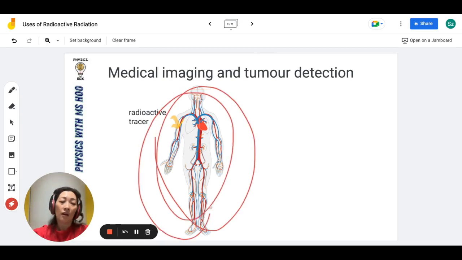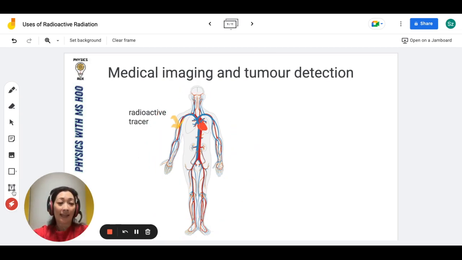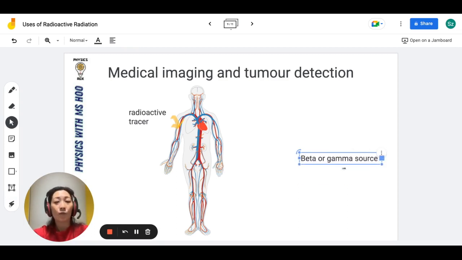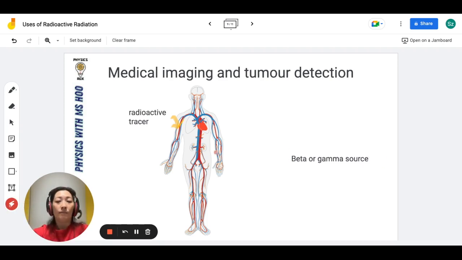So in terms of using radioactive tracers like these, we cannot use alpha because alpha cannot even penetrate human skin. So typically we will use a beta or a gamma source so that at least we can see how the distribution is throughout a patient's body. And because we are injecting the radioactive tracer into the patient's body, the patient will become radioactive.